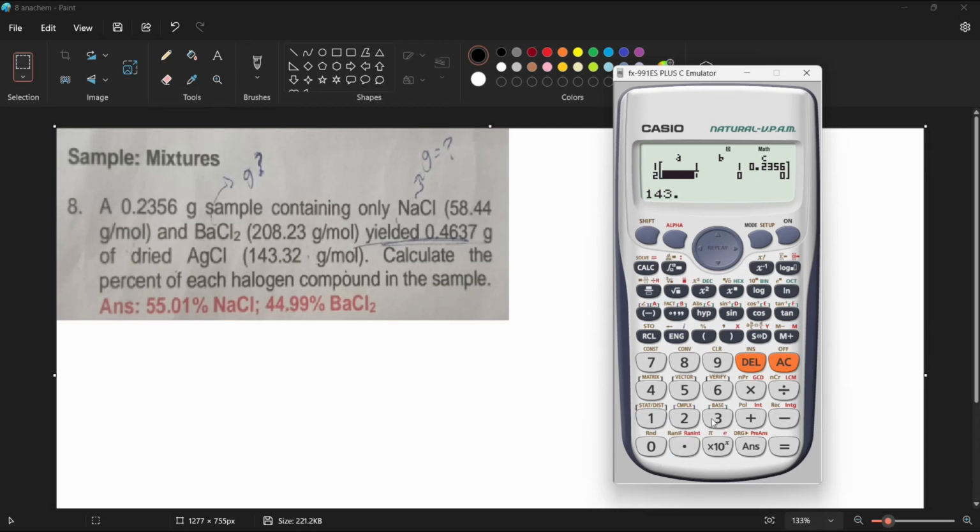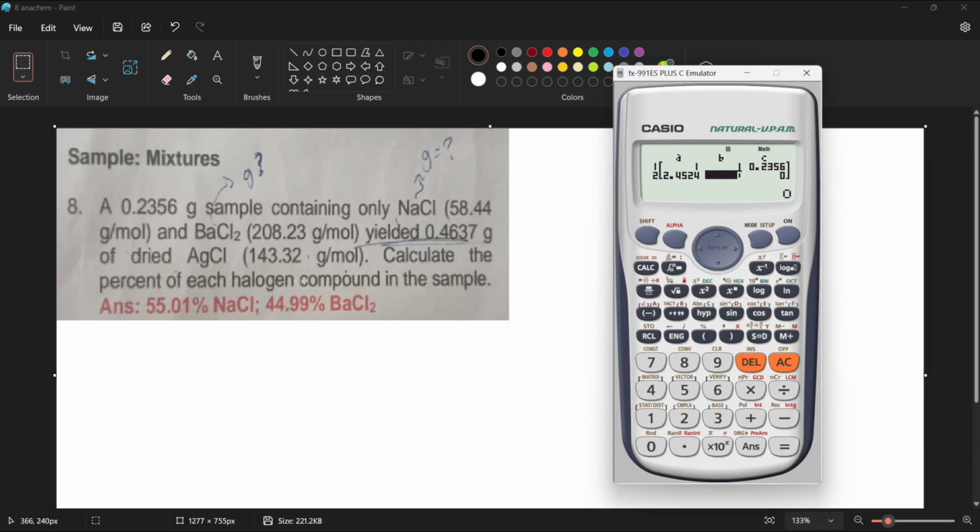So we'll just input 143.32 divided by 58.44. And then since the chlorides are balanced, we don't have to multiply an additional coefficient anymore. So I'll just press equals. Next is for the BaCl2, which is not balanced.